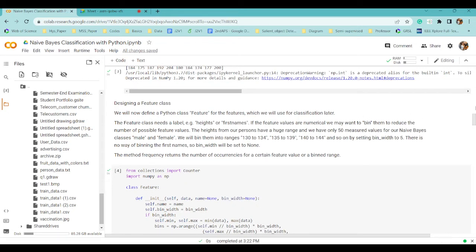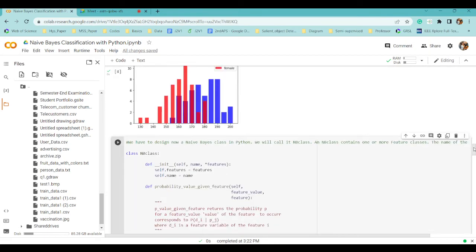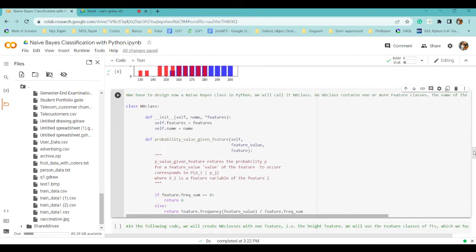That is just for our convenience. Obviously, it will create a group of five. So it is creating a range of height: 130 to 134, how many people have this height range.